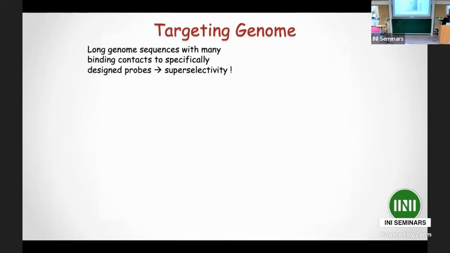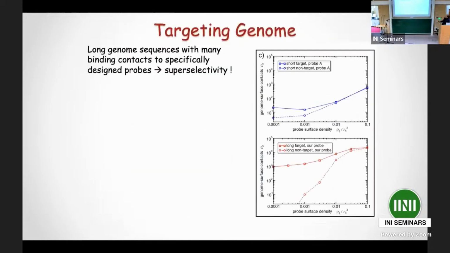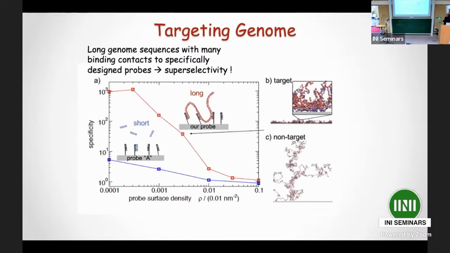Okay, so I can skip that. And just as a very short comment, we also explored multivalency in the problem of targeting a genome. Basically, the detection of a bacterial genome works like this. Usually you have some surface decorated with probes.